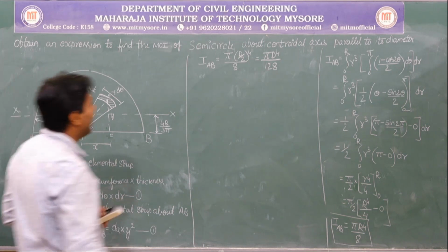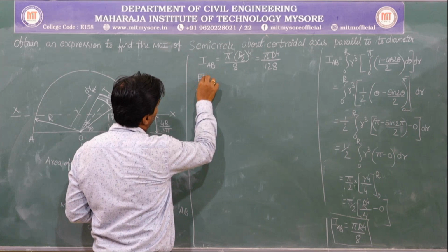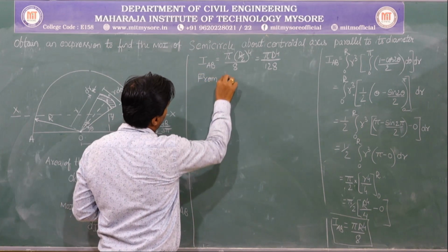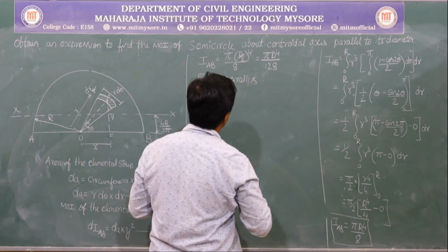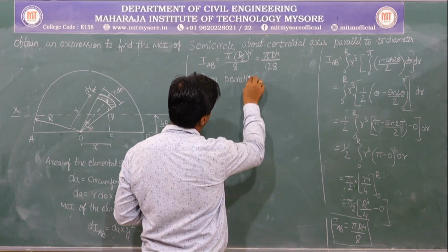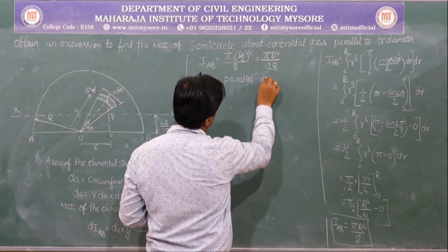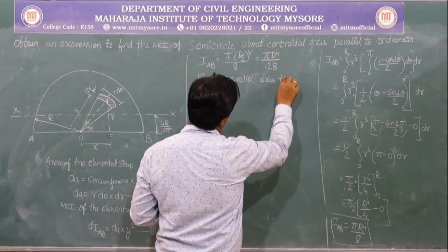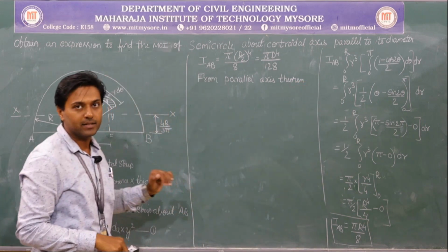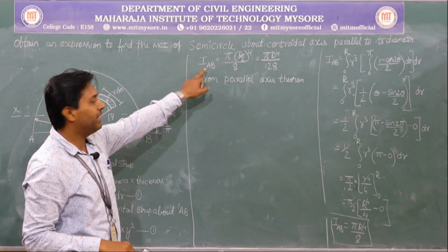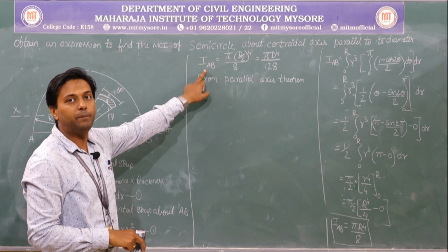So now from the parallel axis theorem, because they have asked us to calculate it with respect to the centroidal axis. But what we have calculated is with respect to the base.